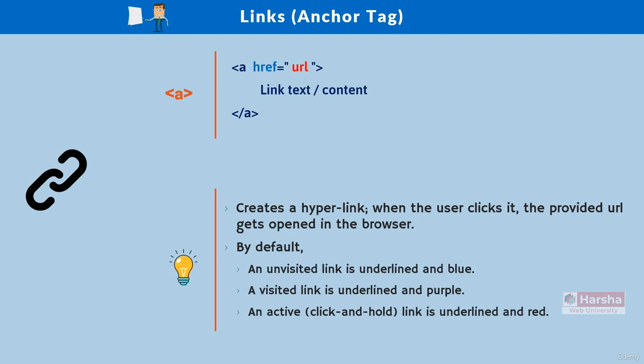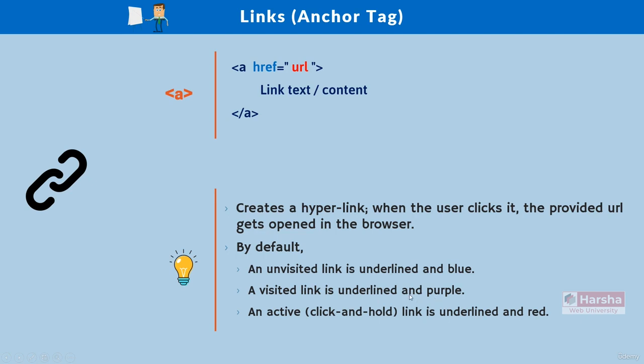By default, all unvisited links are displayed in blue and underlined. This is the default style of unvisited links. And once the user clicks on the particular hyperlink, that link becomes a visited link, and visited links are displayed in purple with underline.